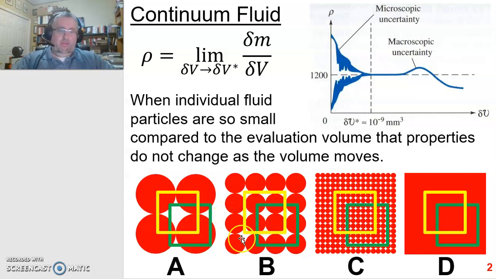If I now move over to B, I've got a slightly less zoomed in version of the fluid. I'm looking at more of those fluid particles, and now in my yellow box, I've captured nominally 4 particles in this volume. But then if I move the box from its yellow location to its green location, again, I'm looking close enough that the total mass in that green box is going to be different than the mass in the yellow box.